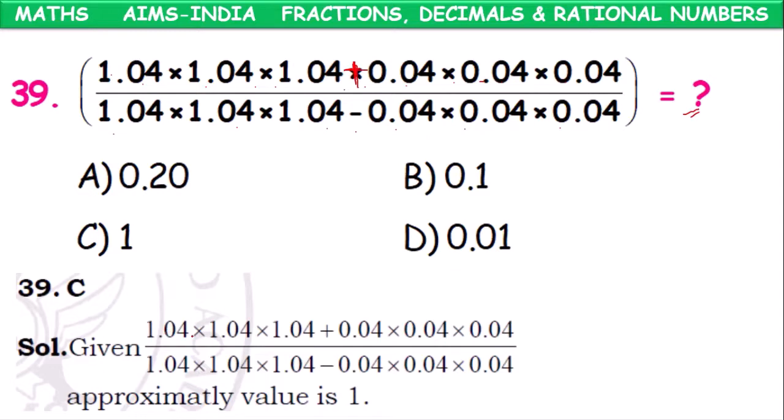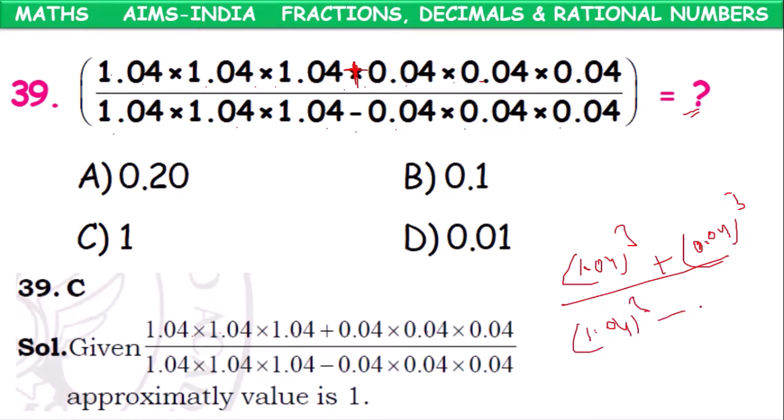So here we can write it as 1.04 whole cube plus 0.04 whole cube, divided by 1.04 whole cube minus 0.04 whole cube.